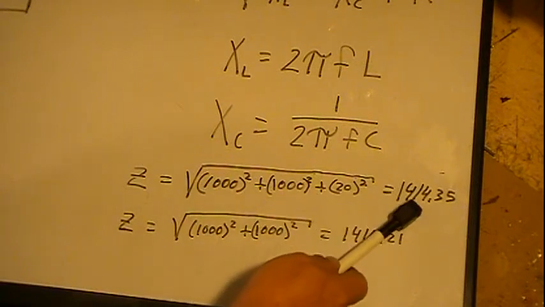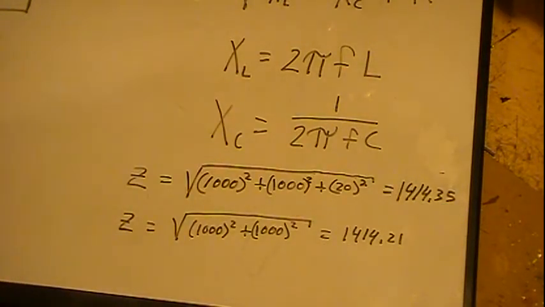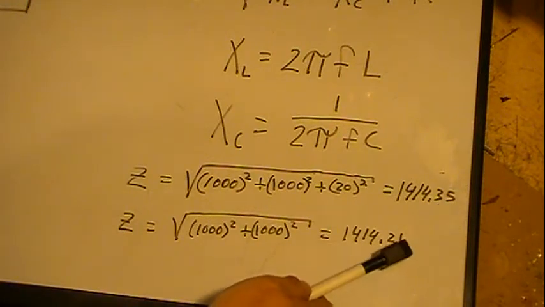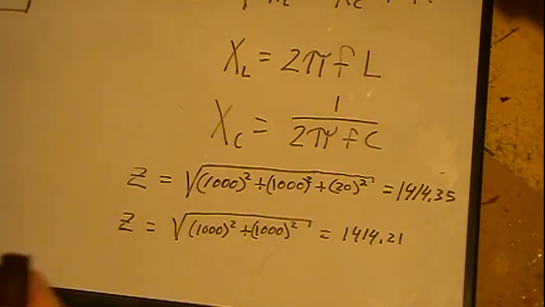When you work out the math, it comes out to 1,414.35. If I take that series resistance out and do the problem again, it comes out to 1,414.21. A difference of 0.14 from not having that 20 ohms in there. So you can see that really it makes no difference.